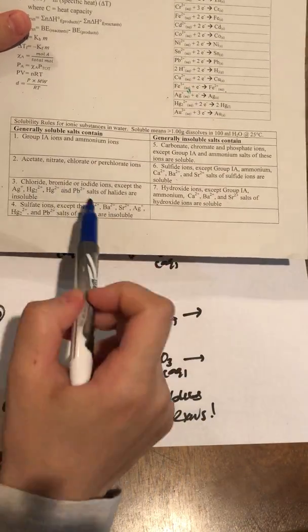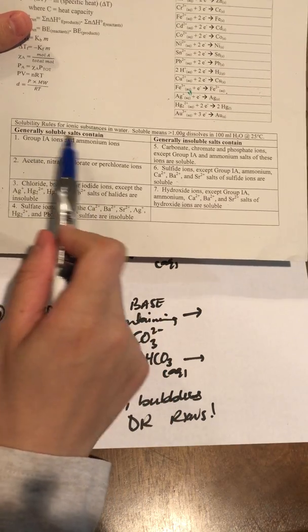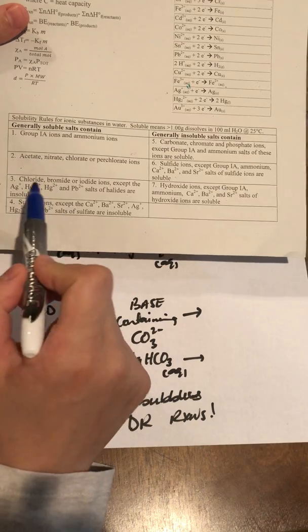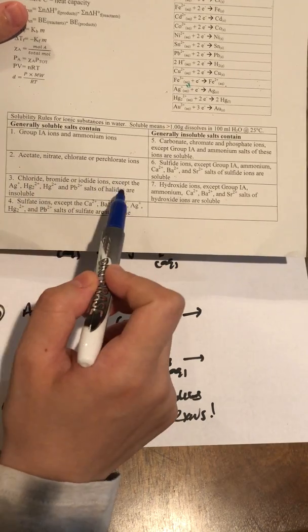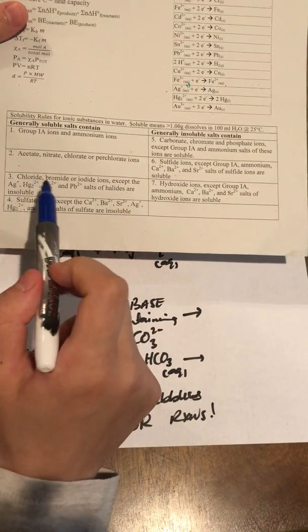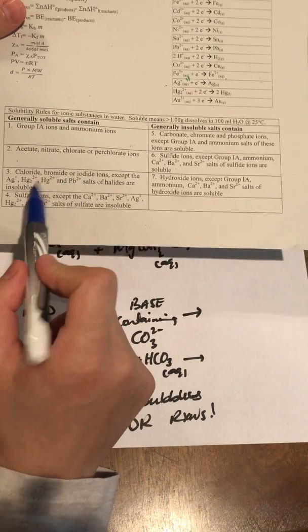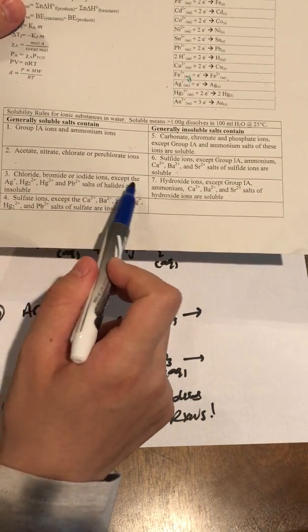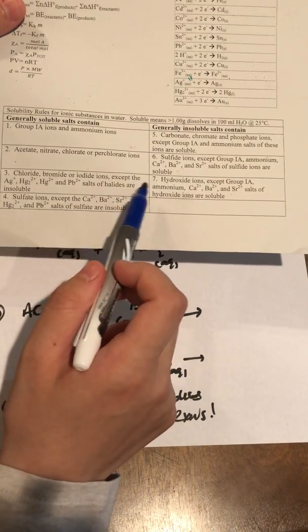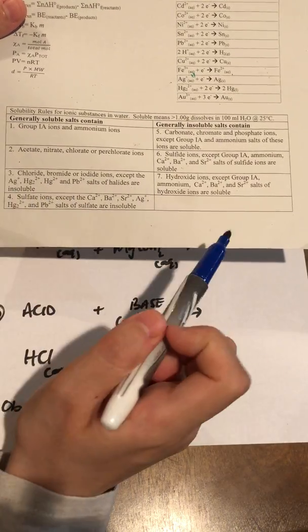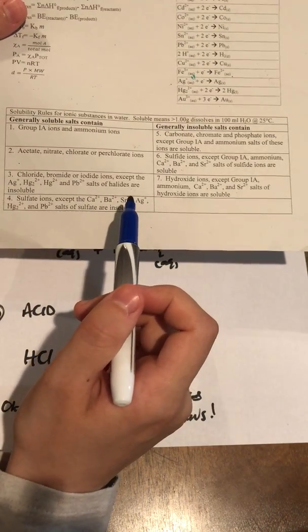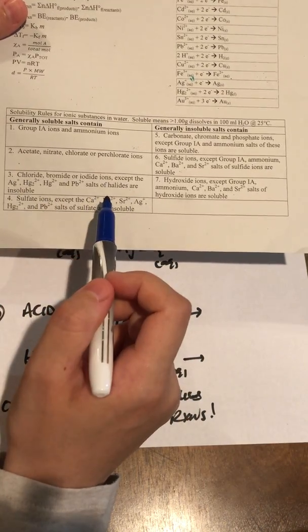On the left-hand side, you have all of the soluble compounds, okay? And keep in mind that you have to read the entire rule that's listed over there. The reason for that is because they do give you all of the soluble ions, and then they give you the exceptions. So if you actually miss the exceptions and your compound happens to be one of the exceptions, you're going to obviously get the question wrong. So make sure to read the entire thing.